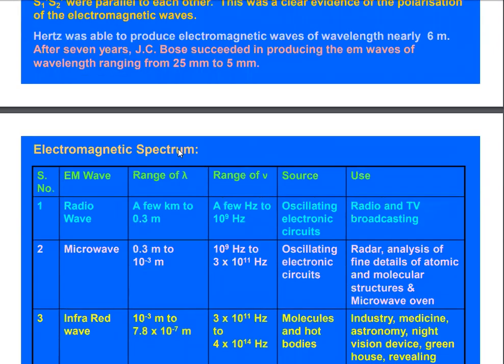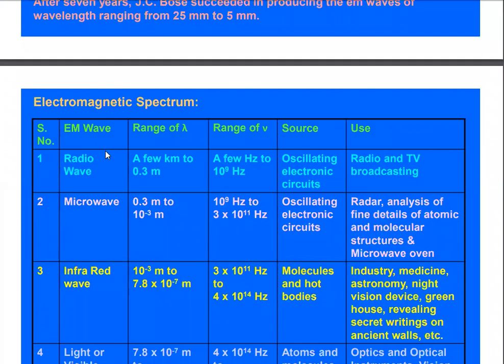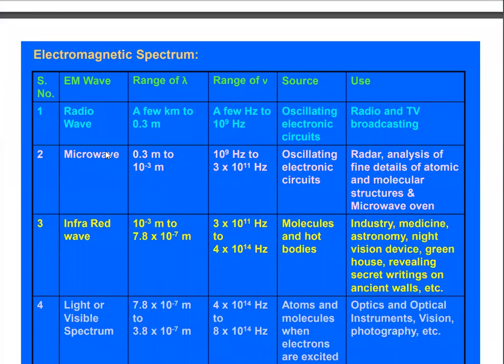Electromagnetic wave is a broad name of the radiation, but this name is subdivided into several small parts in accordance with the frequency and wavelengths. So first one is the radio wave. A radio wave is a type of electromagnetic wave whose wavelength ranges from a few kilometers to 30 centimeter or 0.3 meter.